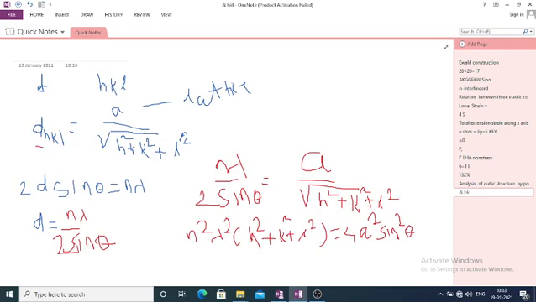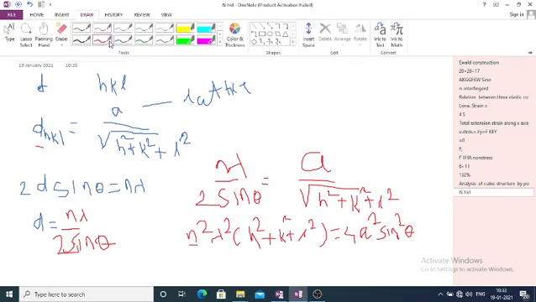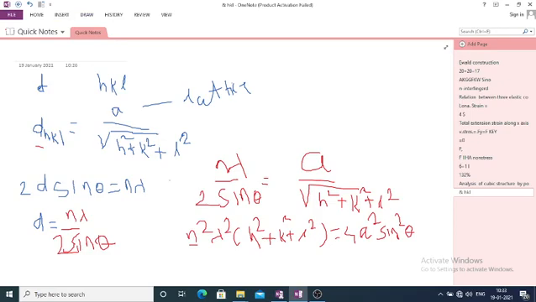Now here h, k, l are integers, n is also an integer, lambda is the wavelength. This value h square plus k square plus L square must be positive, so it should be replaced by n because it is an integer.